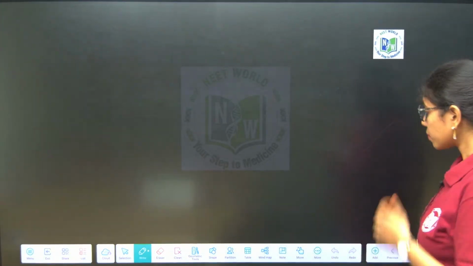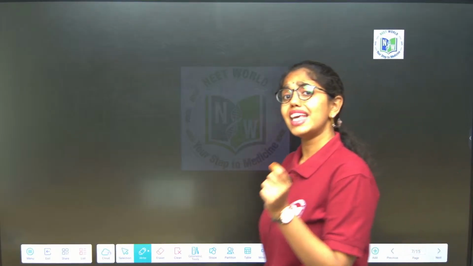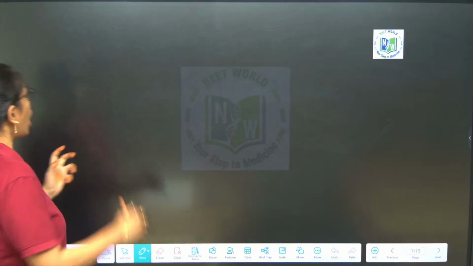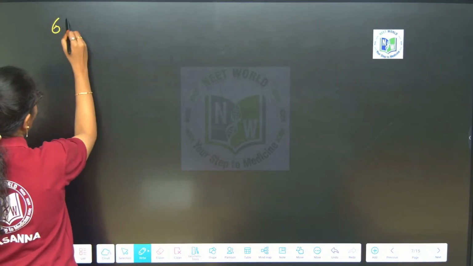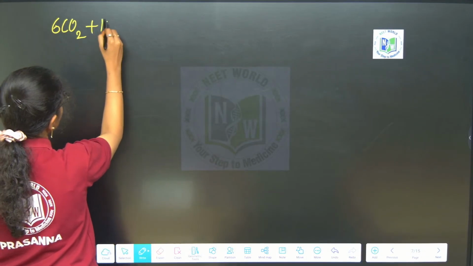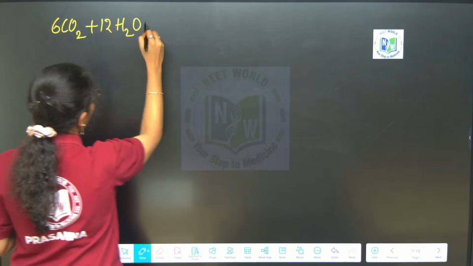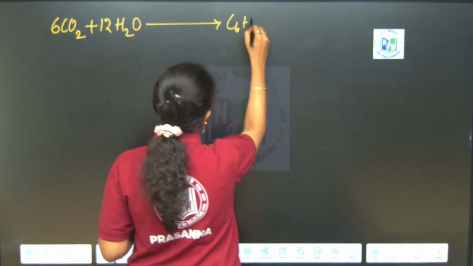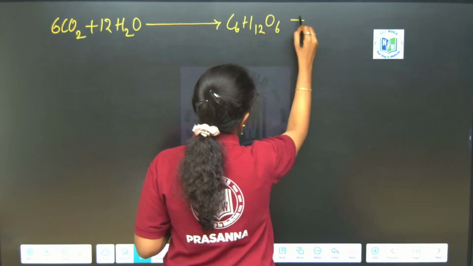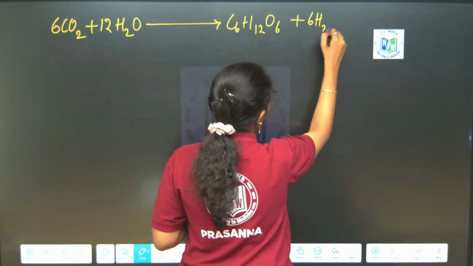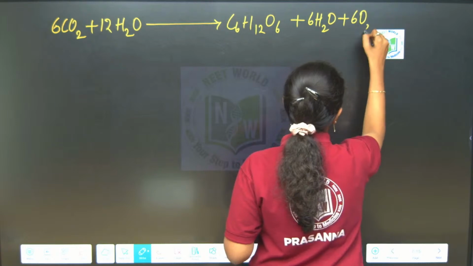Next, let us look into the sequential steps happening in photosynthesis. From the standard equation of photosynthesis, glucose is the primary product and oxygen is evolved as a byproduct.